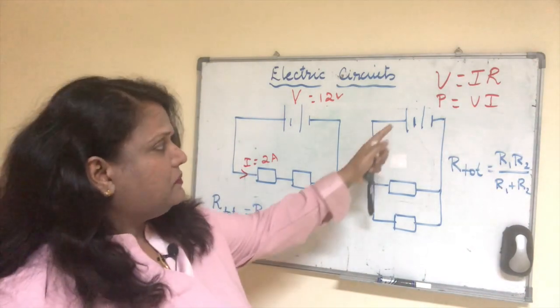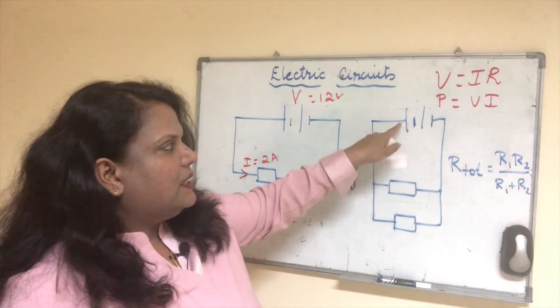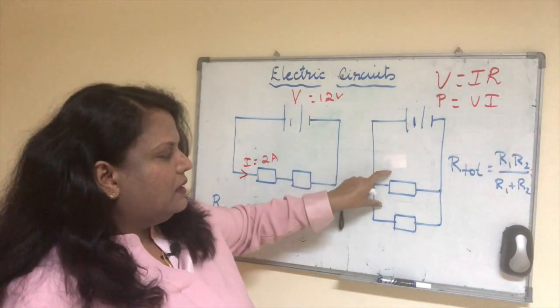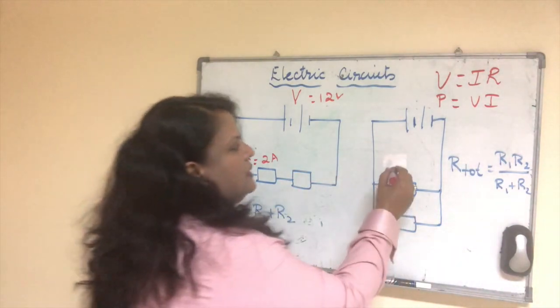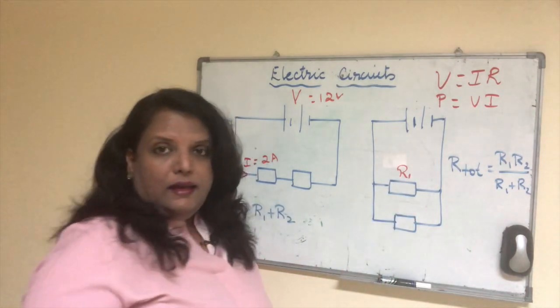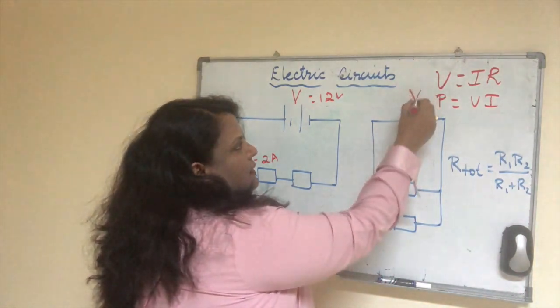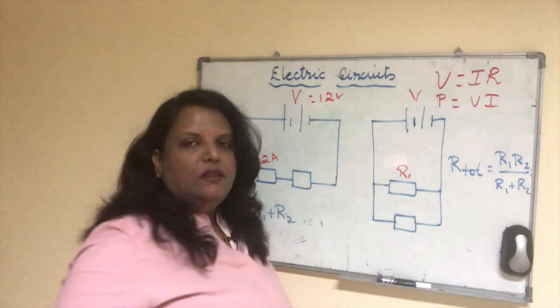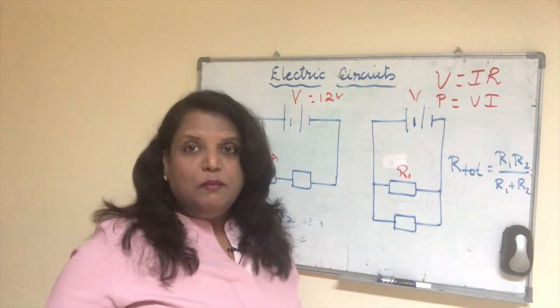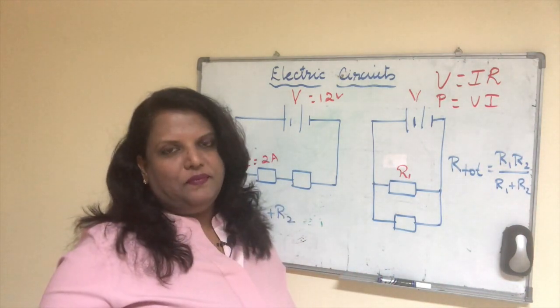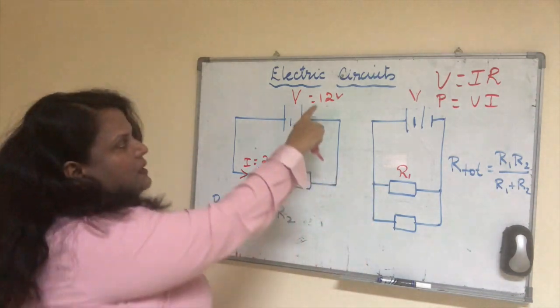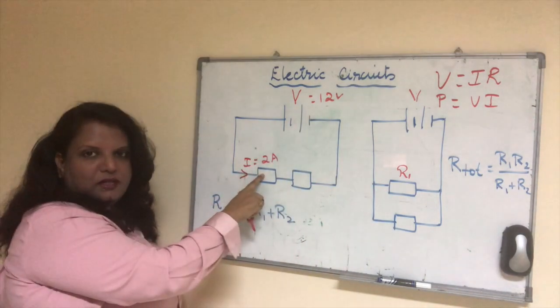All right, here these two components are connected in parallel. So if you're trying to calculate the current going through, say, this R1, I can take this V to be the same for these two components or any more. Why? Because it's a parallel circuit. Getting the difference? Here, if I have taken 12 for 2 amperes, it will be wrong.